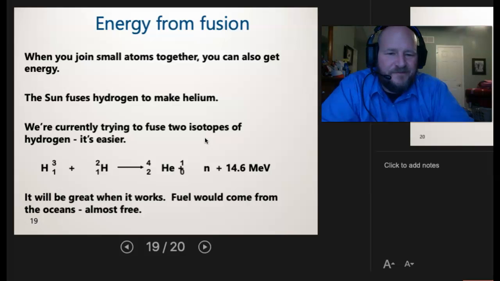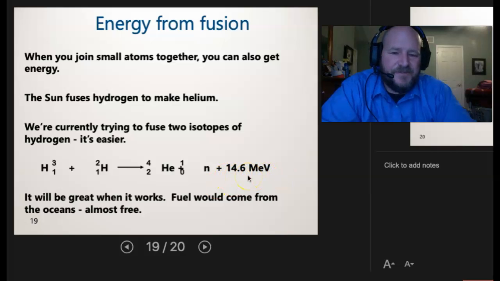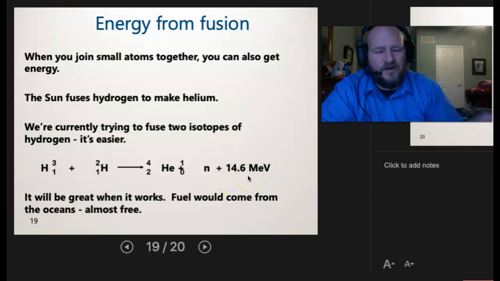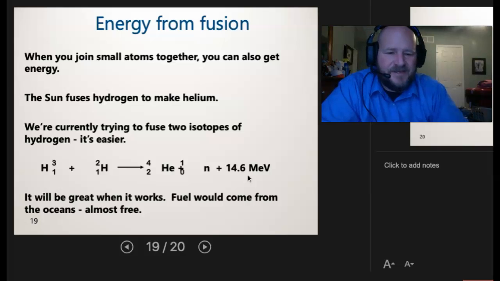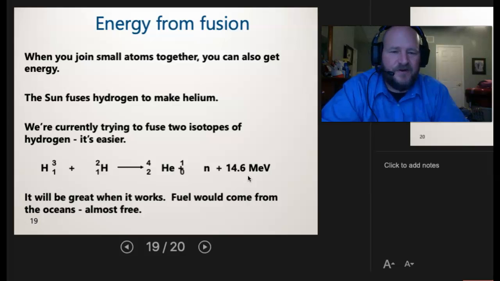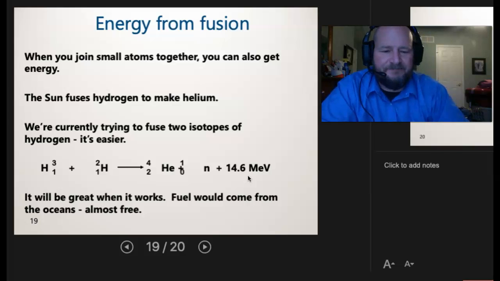In other words, it'd almost be free. So the process here would be basically taking water, pulling the hydrogen out of the water, making it into helium, giving off a few neutrons, and then giving us energy. So our energy would literally just come from water rather than all the other risk that we would have with all of the other stuff that could go bad with supercritical reactions, meltdowns, and things like that.